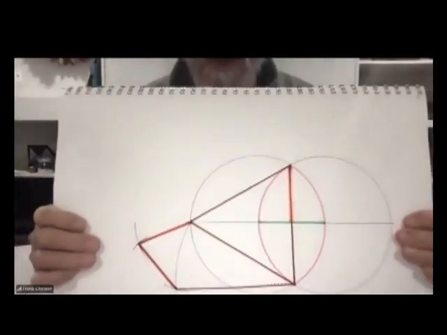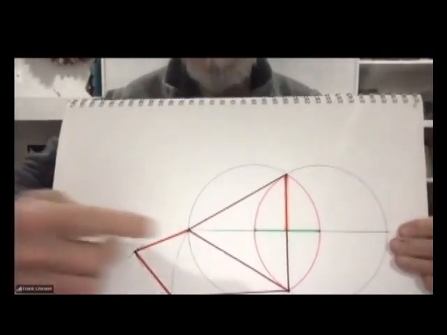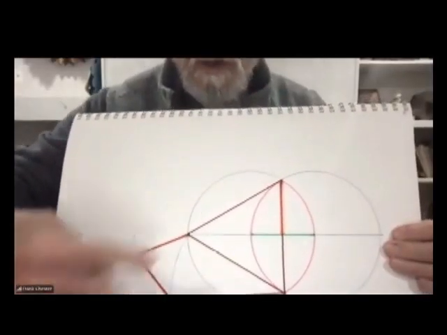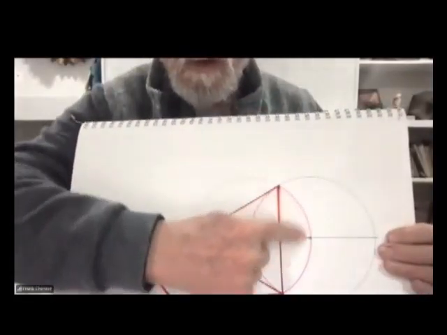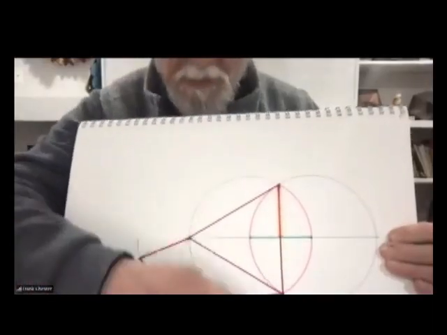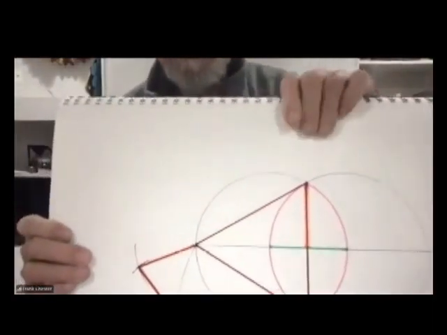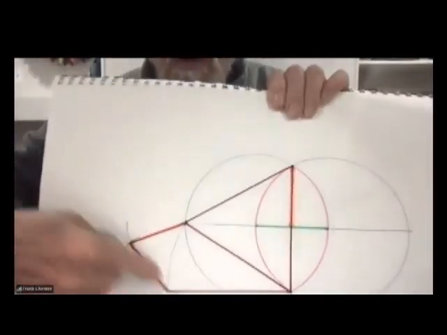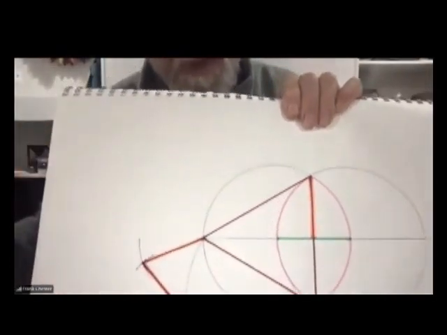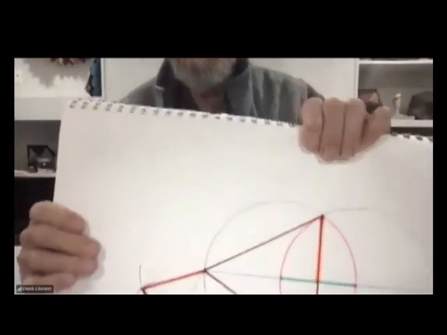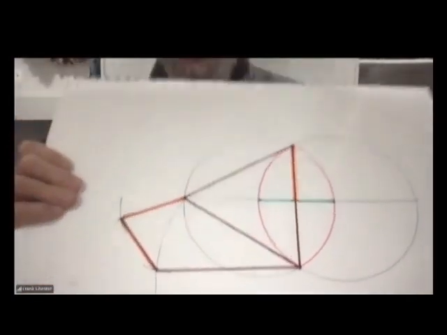So the chestahedron has three kites and four triangles. So that means you have 3 times 4, which is 12, and here you have 4 times 3, 12. This is just amazing.